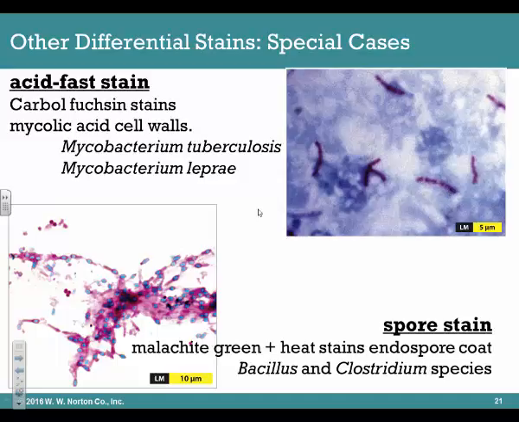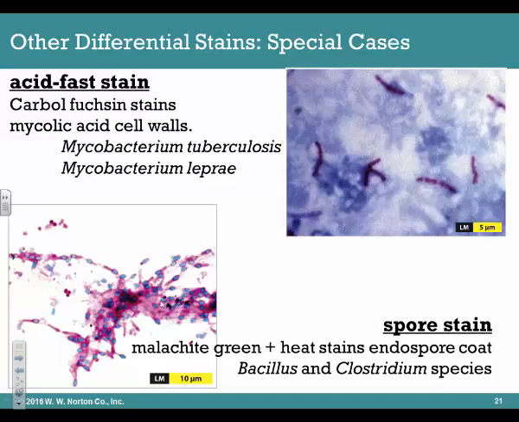The chain is what we call strepto in describing the morphology, not to be confused with the species Streptococcus, which does have that shape, as its name implies, but strepto is also used to describe the morphology of other bacteria.